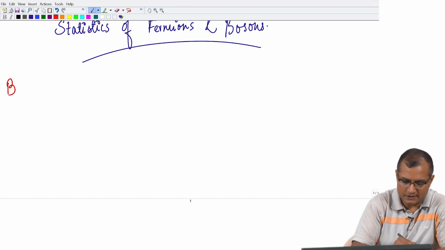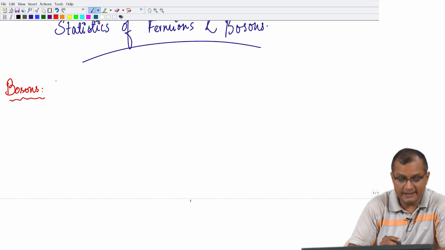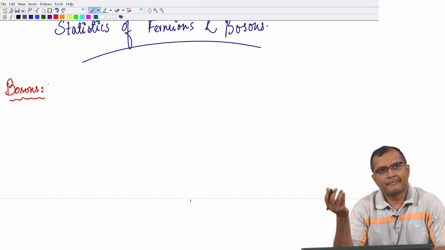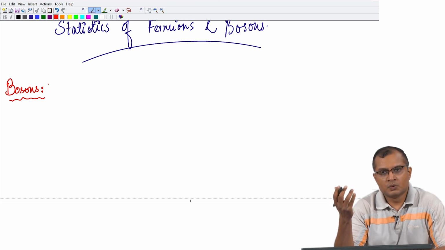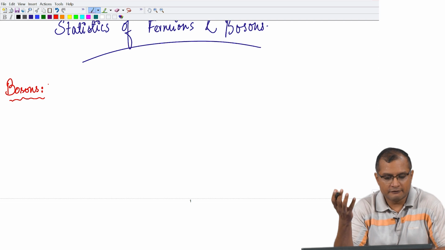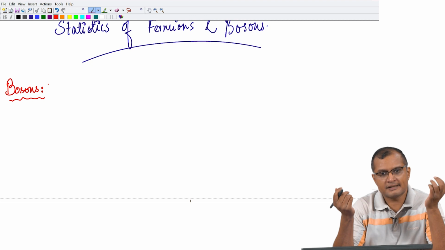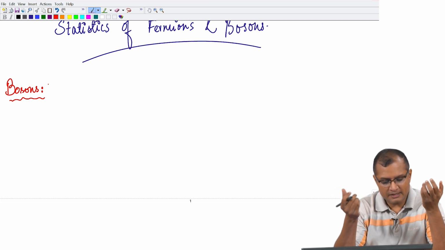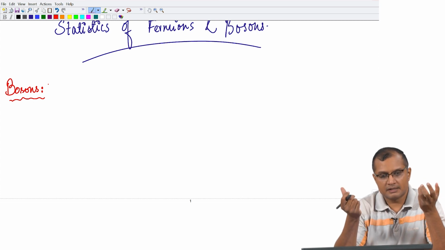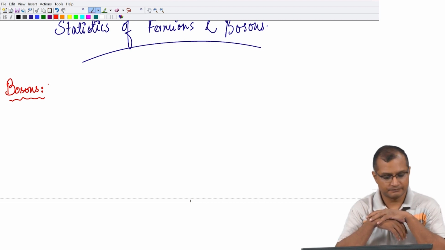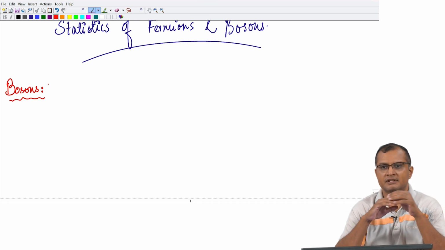Here we have already seen that these are classified as particles whose wave function, the wave function of the n boson system, has an even parity. This essentially means that if I permute the particles in the system, the overall wave function does not change its sign, and this has natural consequences on the statistics it follows.